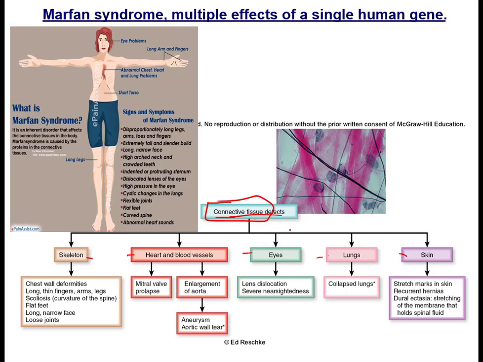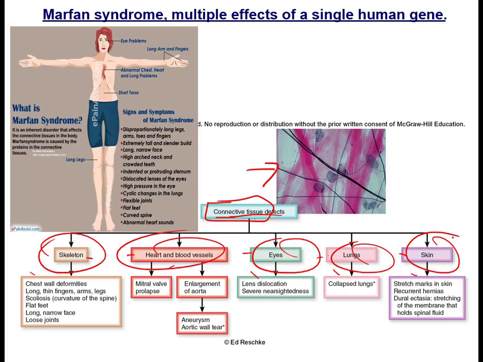It could affect multiple parts of the body, including the height of the person, whether their heart or blood vessels are working properly, whether they have proper vision, whether they can breathe properly, and of course their skin, meaning the elasticity of their skin. There is actually a genetic defect that affects one gene in the connective tissue. So even though there's only one mutation, it affects all of these parts: eyes, lungs, heart, skeleton. This syndrome is called Marfan syndrome.